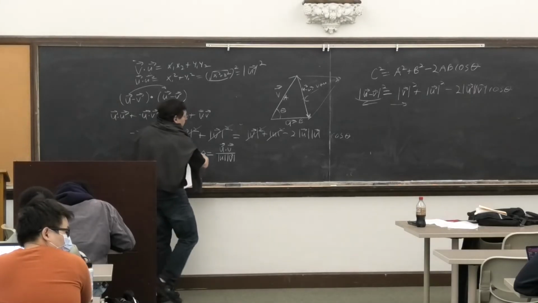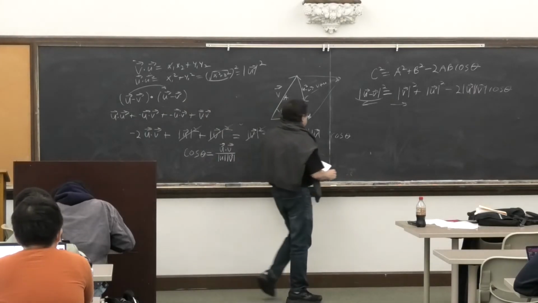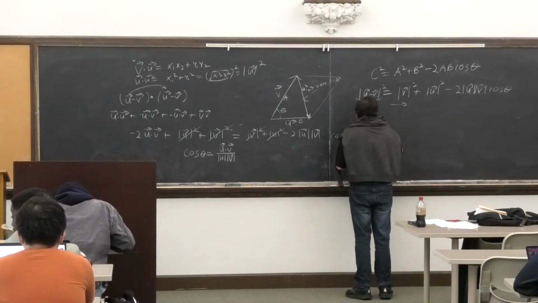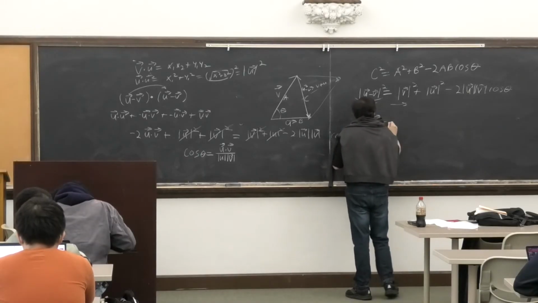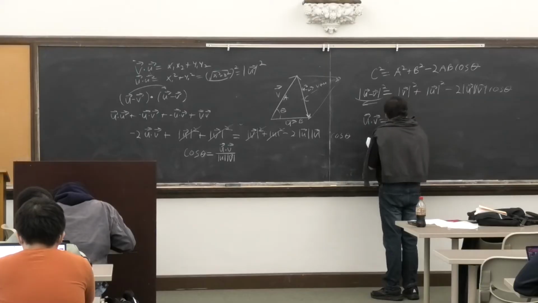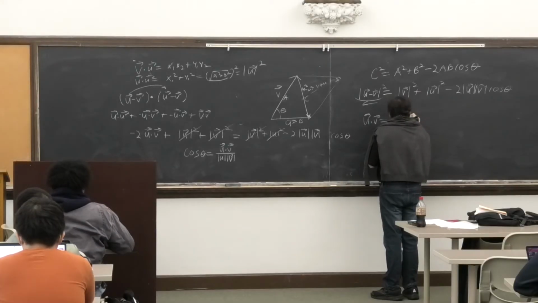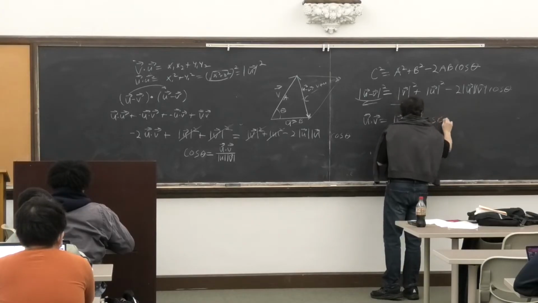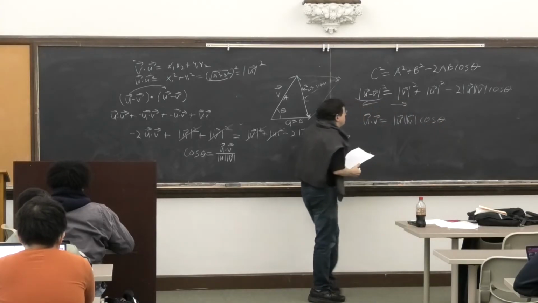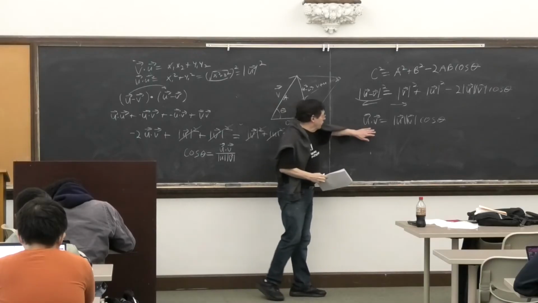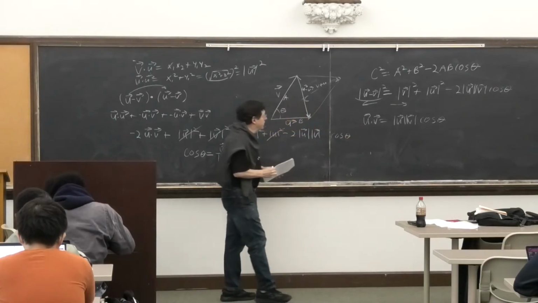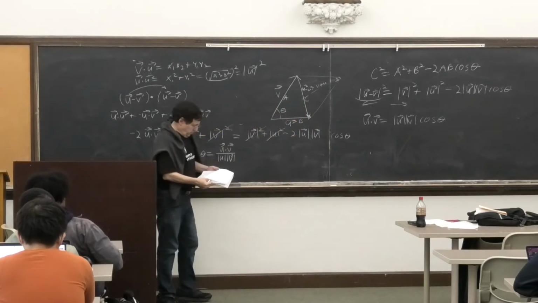I guess I ran right past where I wanted to be. That tells us that u dot v is the norm of u, norm of v, cosine theta. That's what we wanted to show.